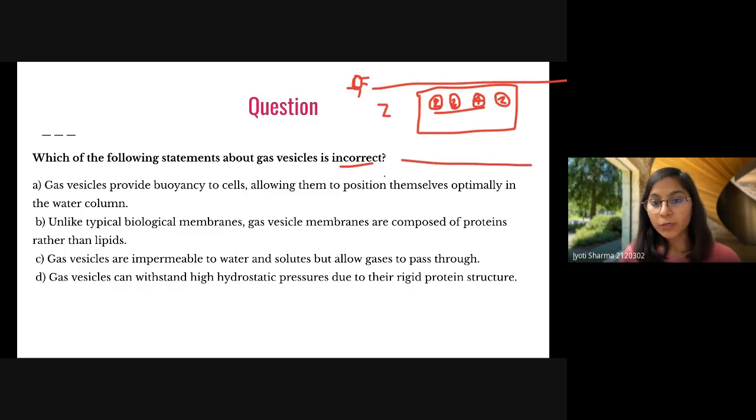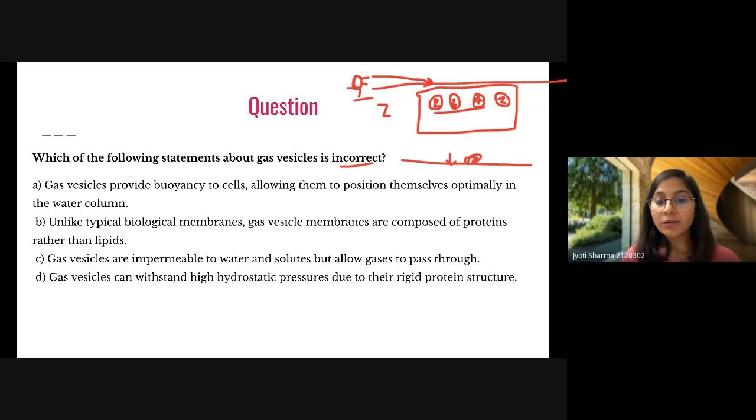This gas vesicle facilitates the cell to float or stay at the top of the river so that photosynthesis can happen, because the cell needs sunlight. If we do not have the gas vesicles, then the cell will sink to the bottom, and if it is at the bottom, then photosynthetic activity will be greatly reduced.